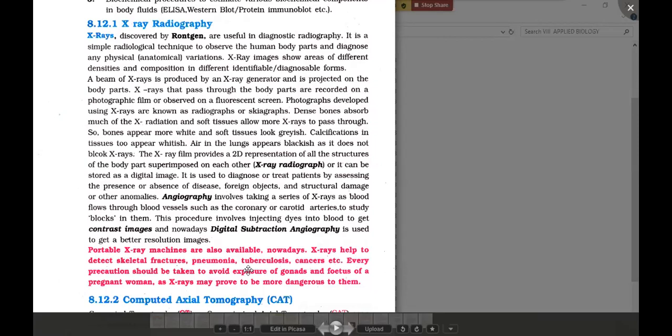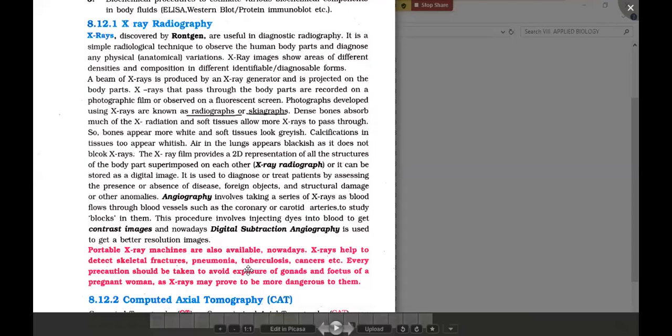A beam of X-rays produced by an X-ray generator is projected on the body parts. X-rays that pass through the body parts are recorded on a photographic film, and observed on a fluorescent screen. Photographs developed using X-rays are known as radiographs or skiagraphs.